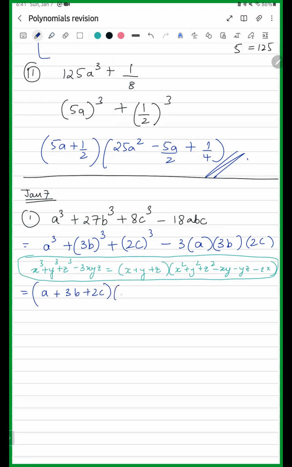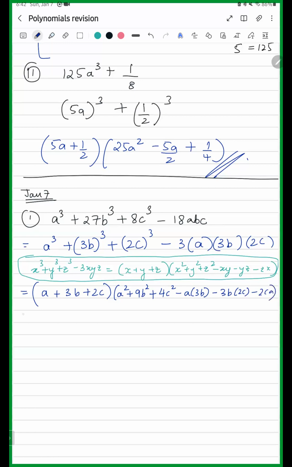So a square plus 3b whole square, which is 9b square, plus z square. z is 2c, 2c whole square means 4c square, minus xy, a into 3b, minus yz, 3b into 2c, minus zx, 2c into a.